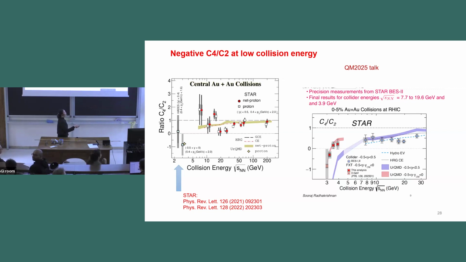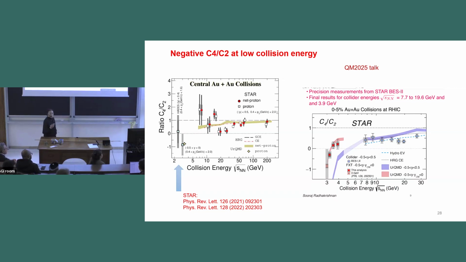And actually, some of this data was already published several years ago. The interesting part is that there is a kind of negative kurtosis. So this ratio is negative, and this is very interesting.